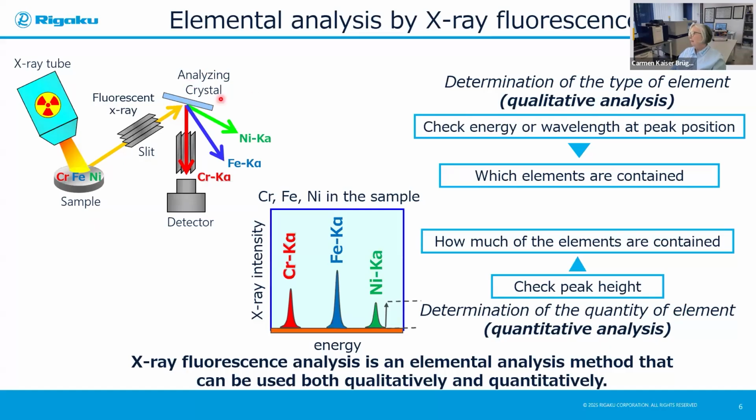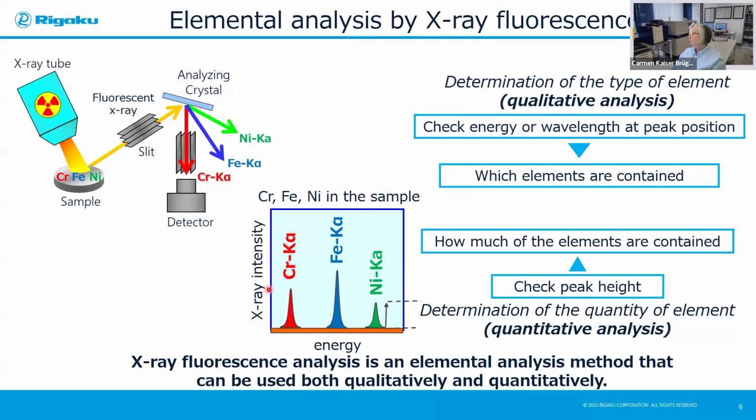This analyzing crystal then gives rise to a unique characteristic 2θ angle based on the Bragg equation, to give you a specific chromium or iron or nickel analytical line. Here you can see the energy of the line and the X-ray intensity.